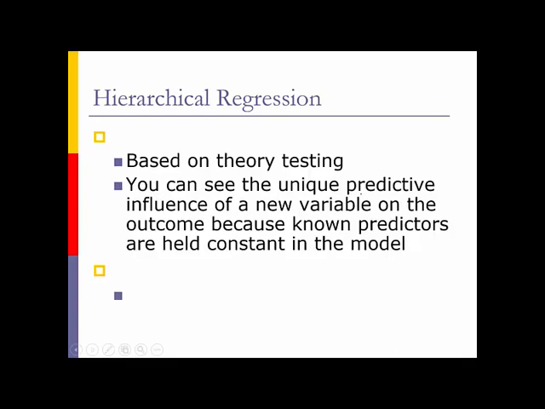So hierarchical, what's the greatest thing about it? It is indeed the best method to use. You're using it because you have past information, and you can see very, very uniquely the influence of each individual variable on the outcome.